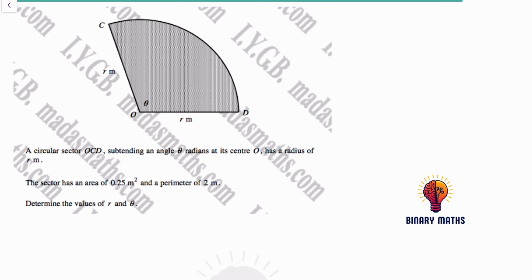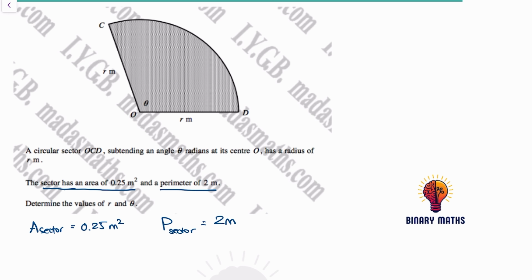A circular sector OCD subtending an angle theta radians at its center has a radius of r meters. The sector has an area of 0.25 meters squared and a perimeter of 2 meters. So area of sector is equal to 0.25 meters squared, and perimeter of sector is equal to 2 meters.